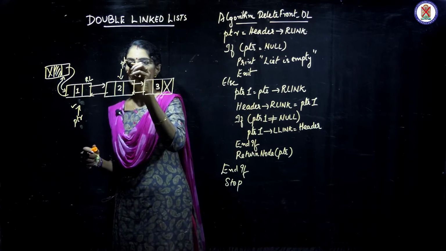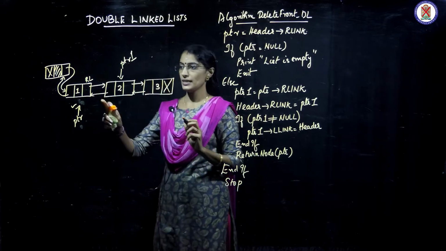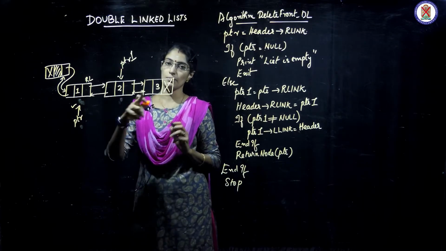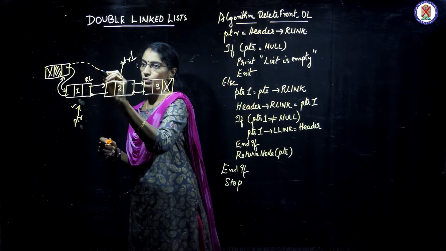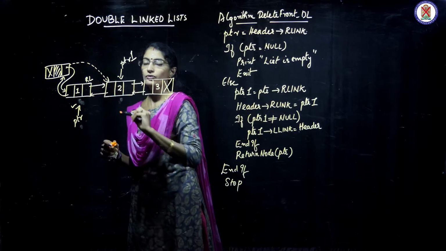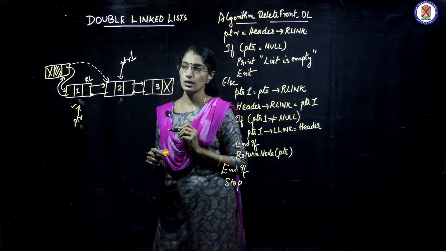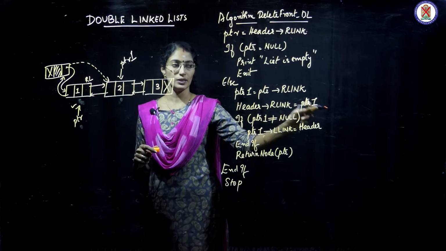The right link of PTR contains the address of the second node, and naturally we can refer to it as PTR1. Now since we are deleting the first node PTR, the second node PTR1 will become the first node. That means the right link of the header node should now contain the value of PTR1. So the assignment statement is: right link of header node equals PTR1.